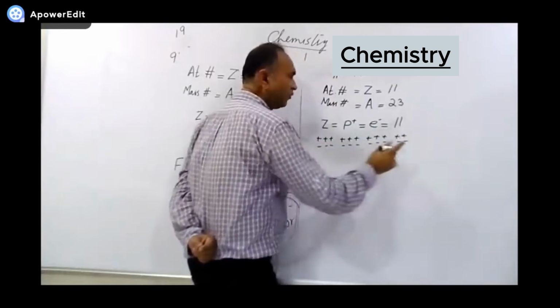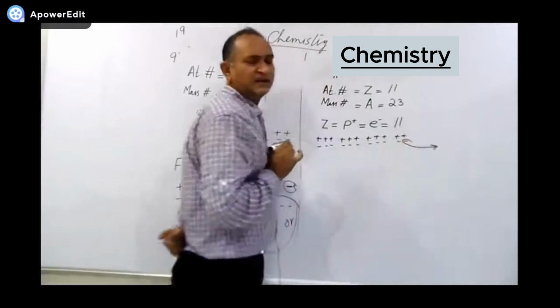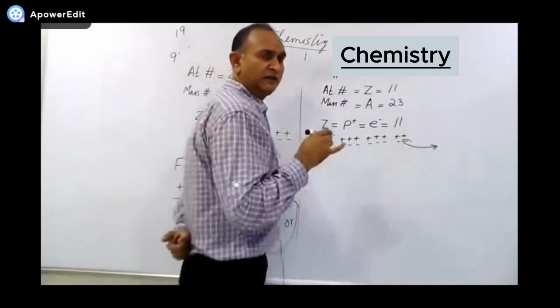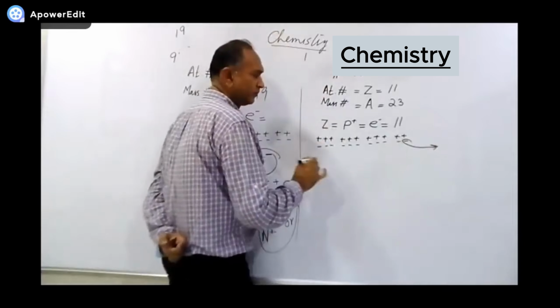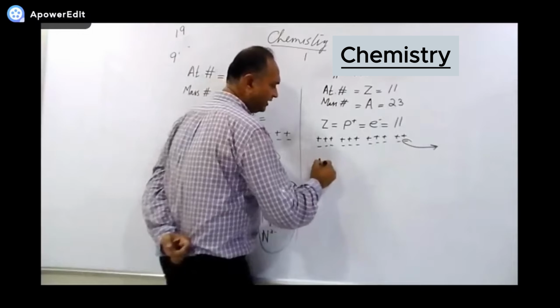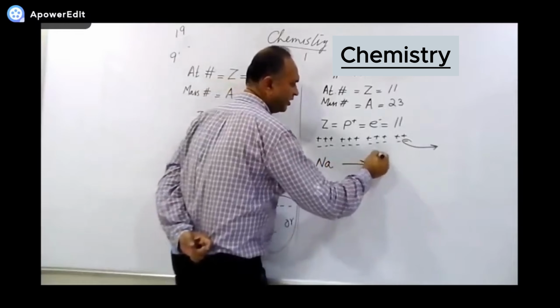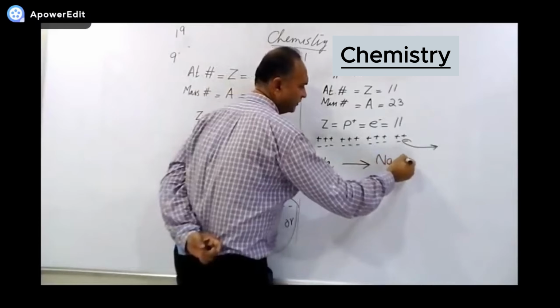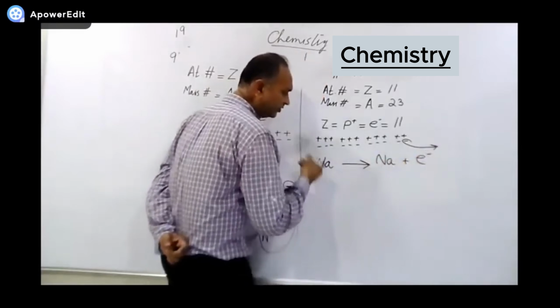Now what happens? We take away this electron instead of adding. Instead of adding, we are taking this electron away. So we write like this: sodium has lost its electron. Now what is the situation after this?